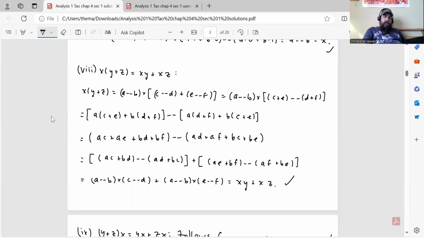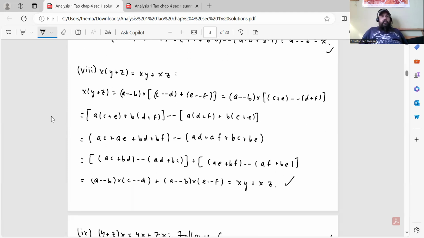All right. Property number 8 is multiplication distributes over addition. So take x times y plus z in parentheses, that's equal to a minus minus b times in parentheses c minus minus d plus e minus minus f. Do the addition in the parentheses first, and then multiply, and that gives you the equivalence class a times c plus e plus b times d plus f minus minus a times d plus f plus b times c plus e.